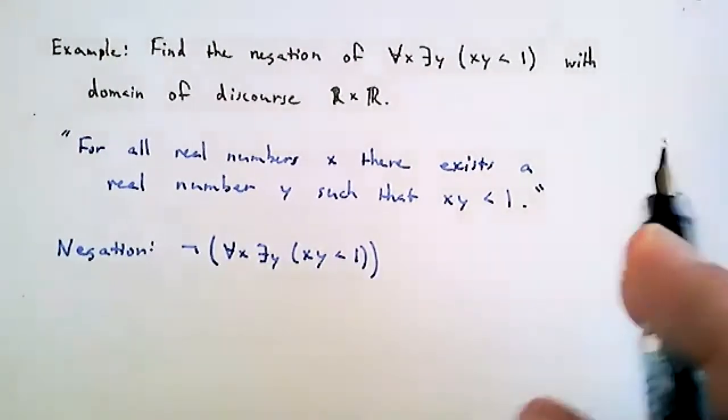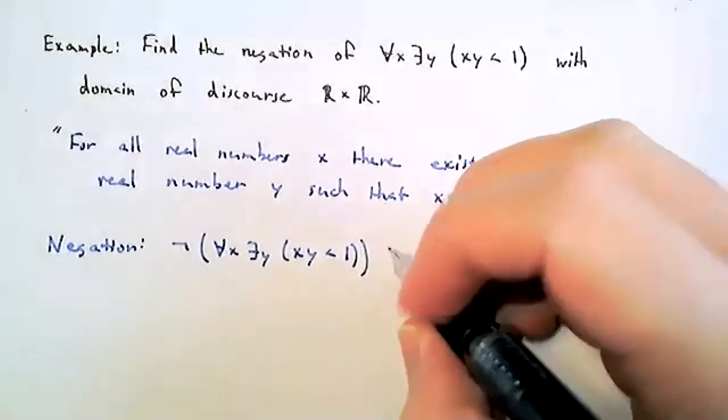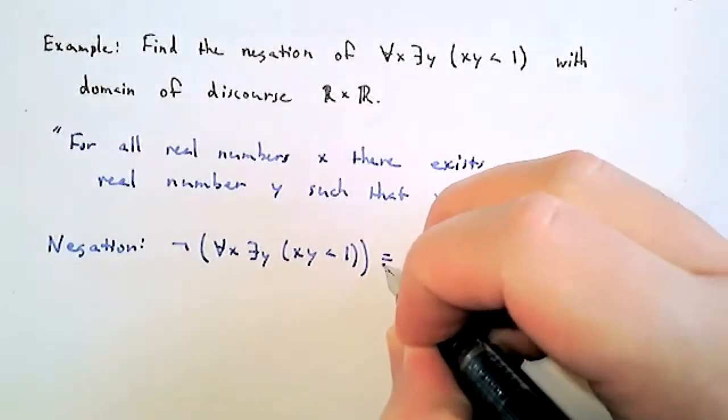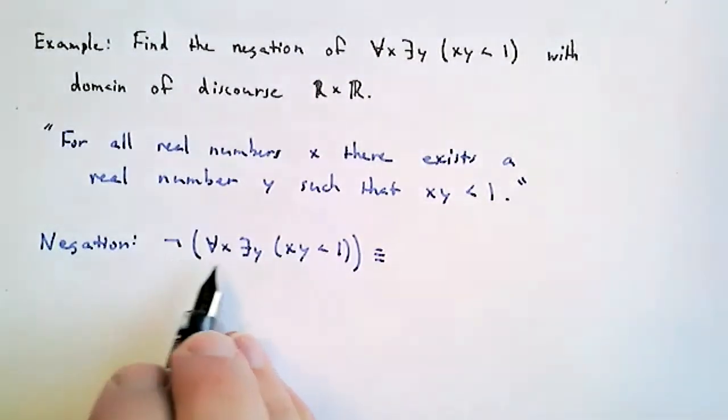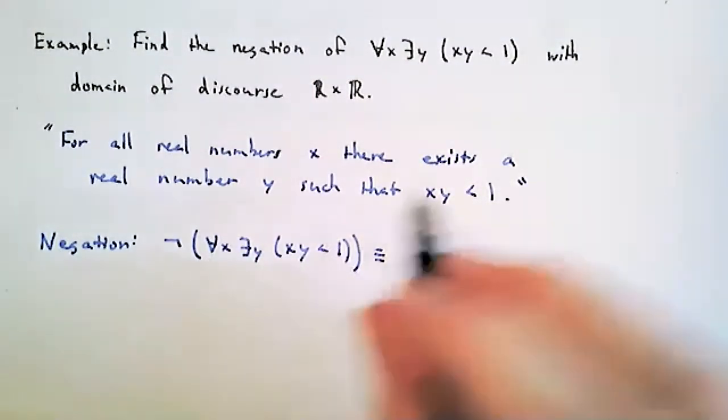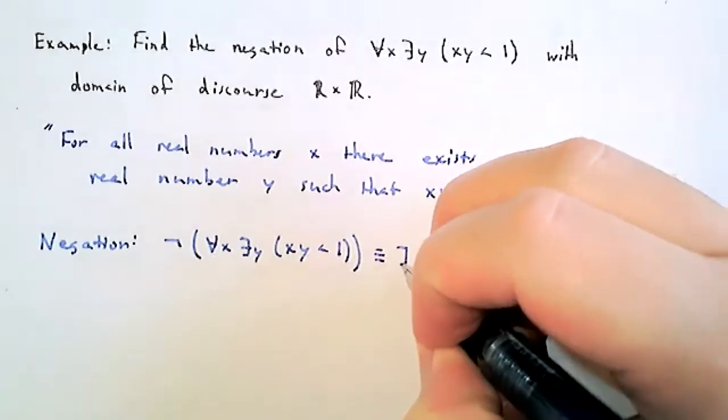And then you can work step by step, or you can do it all at once. I'll write it out step by step, and then we'll finish up. So distribute this inside of the universal to get an existential.